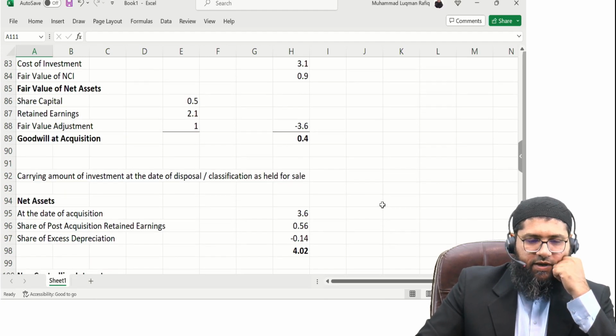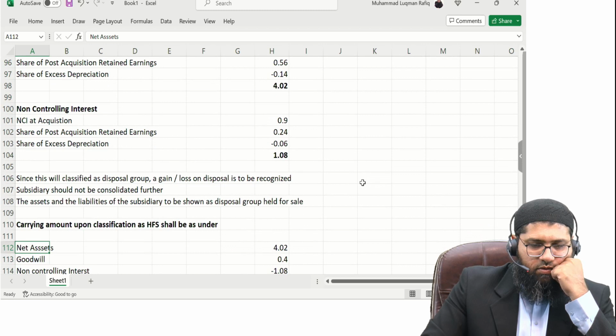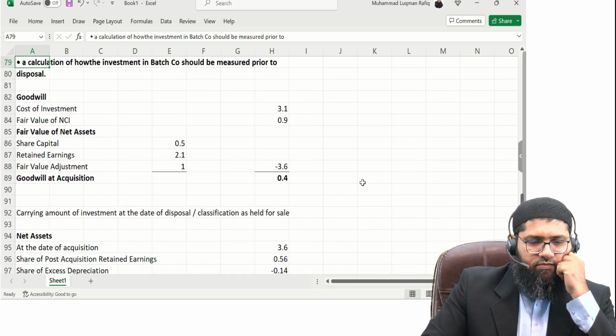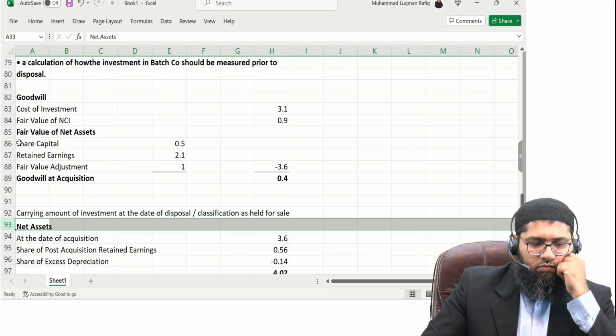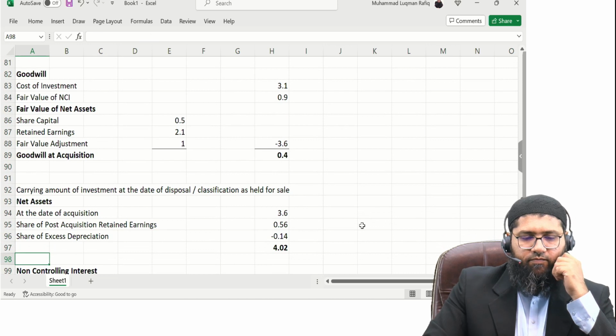Now what I'll do is I'll just go about this area. You can take a screenshot of the goodwill calculation. Wait a bit. You can take a screenshot of the goodwill calculation. See how we establish the net assets.